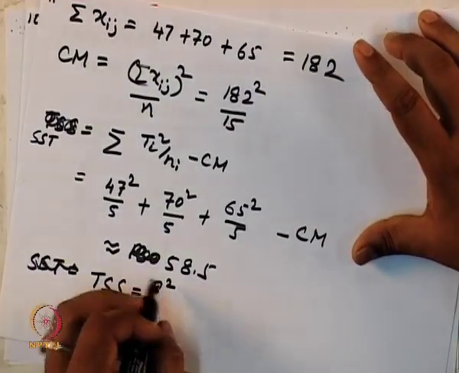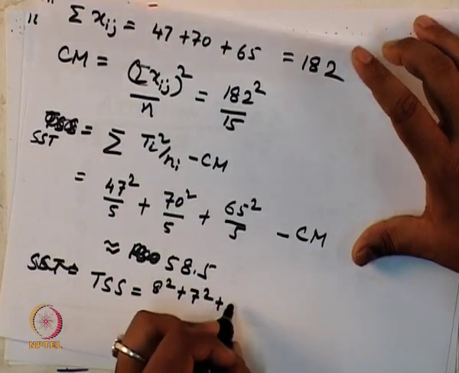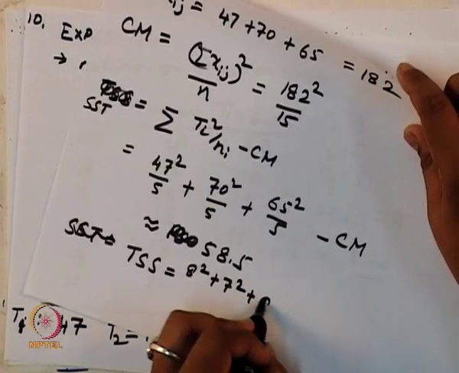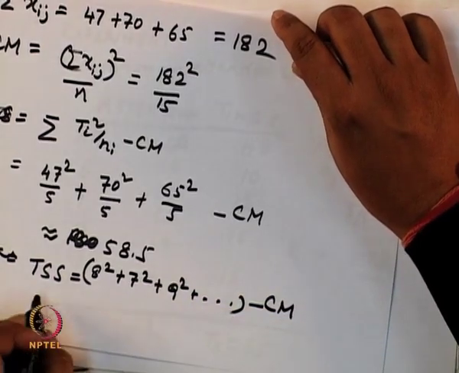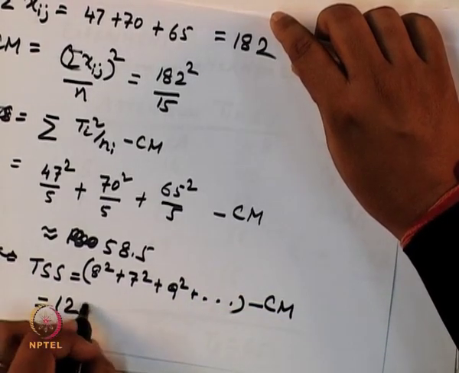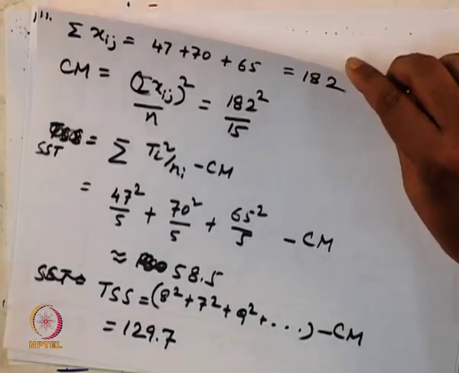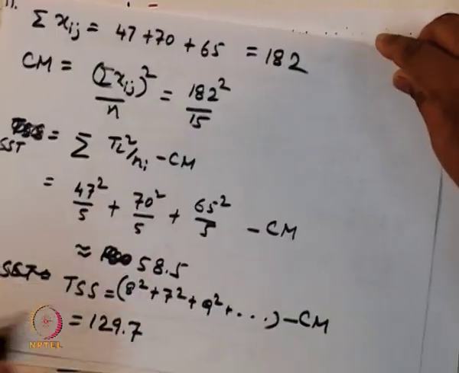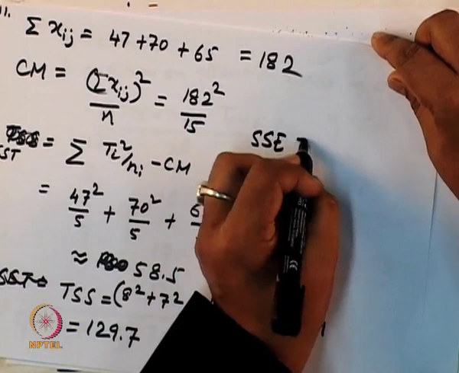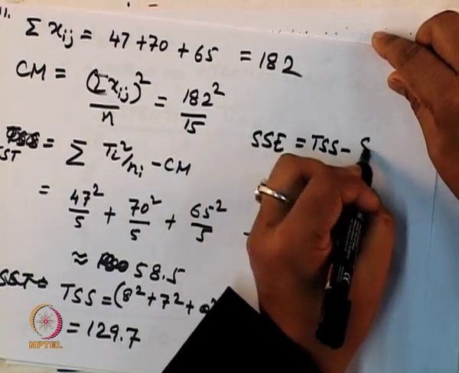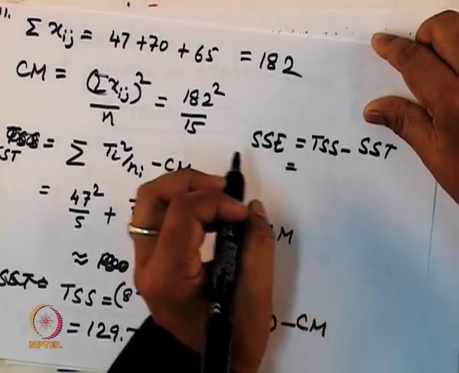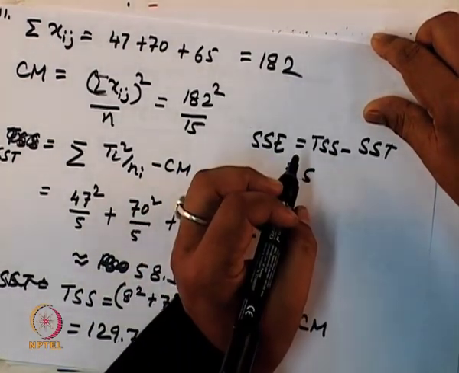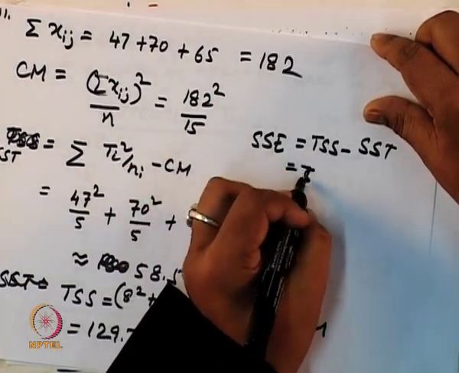So, TSS is equal to 8 square plus 7 square plus 9 square, and so on. You square up all the terms for each of these conditions and then subtract Cm. This comes out to be a value of 129.7. TSS returns you a value of SST. So, you can calculate SSE equal to TSS minus SST, and SSE gives you a value of 71.2.